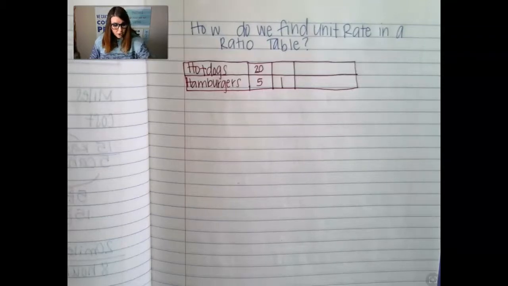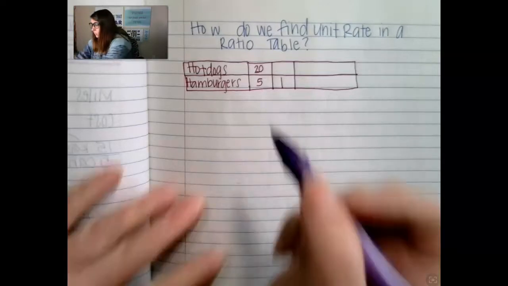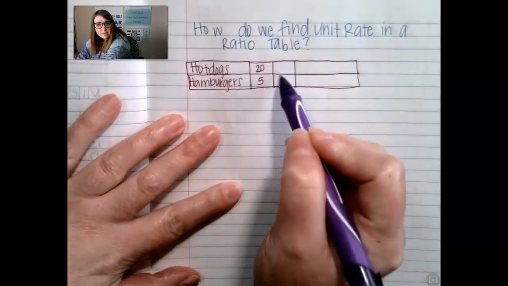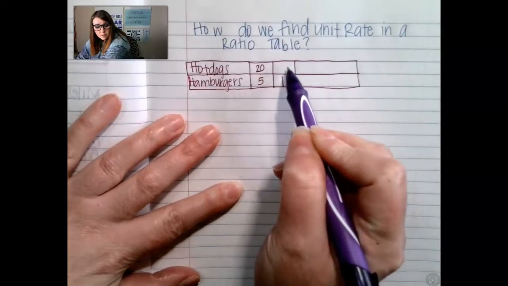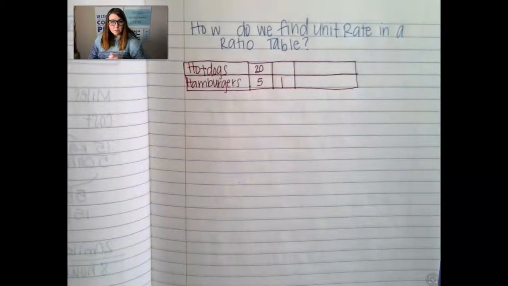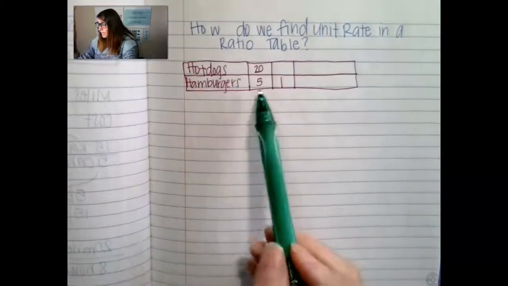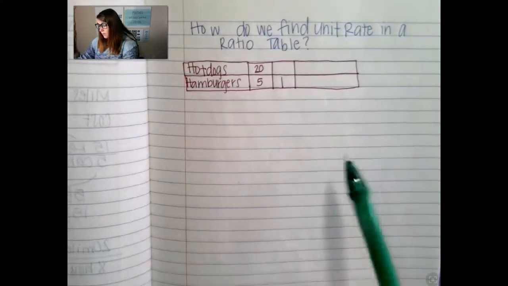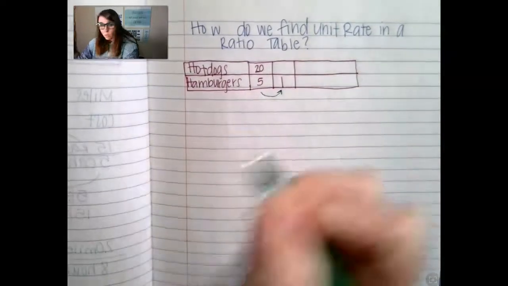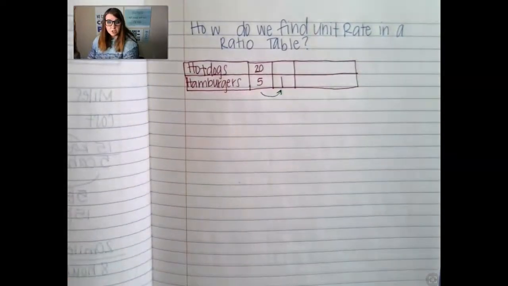How do I get from my initial ratio of 20 over 5 to fill in this hole right here? What goes over the 1? Well, I need to ask myself, how did I get from 5 to 1? What was my change?